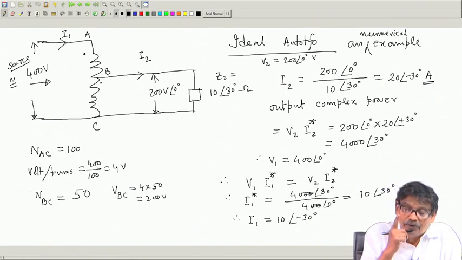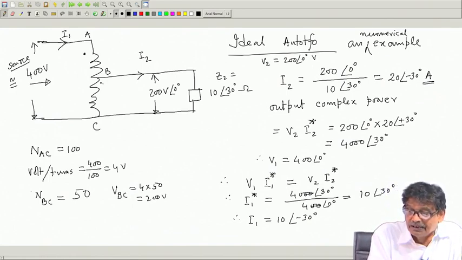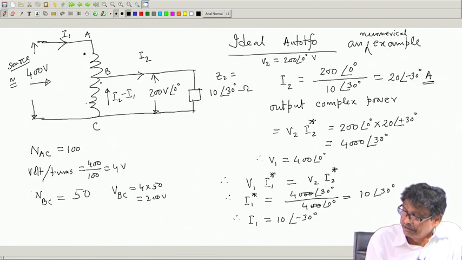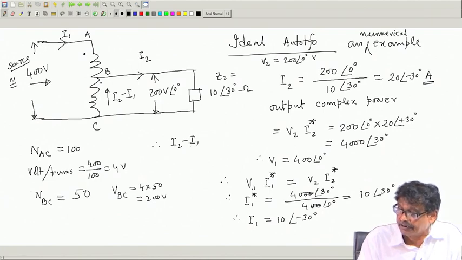The moment I know I1, then I can calculate this current. This current better show in this way, this current will then be I2 minus I1. That is how we are specifying. I2 is known, I1 is known. Therefore, current in this portion, in this direction, it can be calculated.